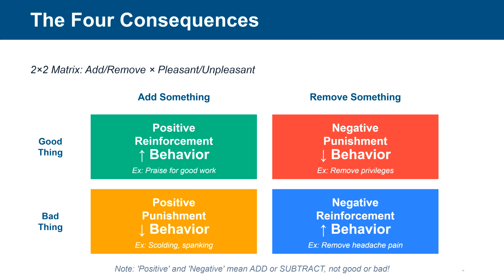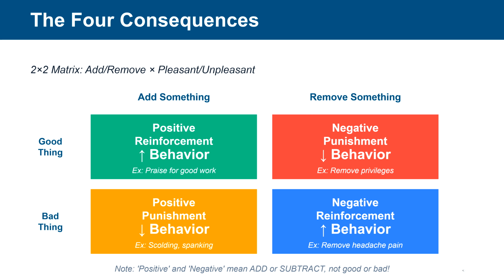Now, here's where it gets interesting. There are 4 possible consequences arranged in a 2 by 2 matrix. We can either add something or remove something, and that something can be pleasant or unpleasant. Positive reinforcement means adding something pleasant after a behavior.